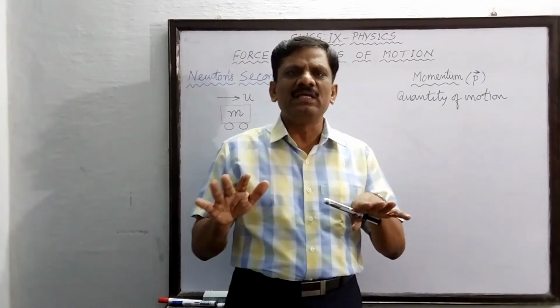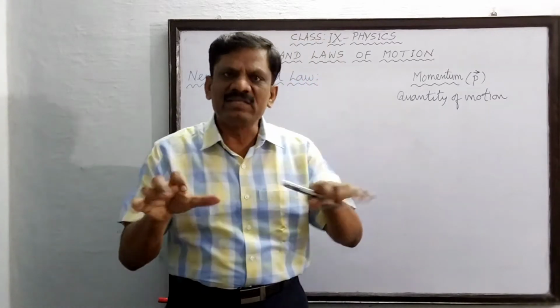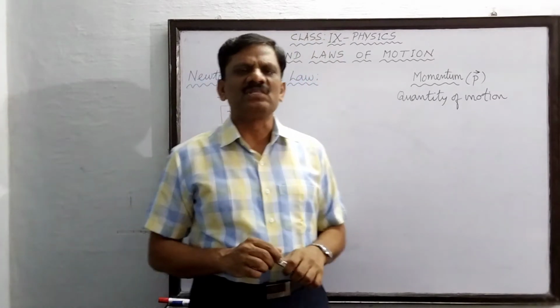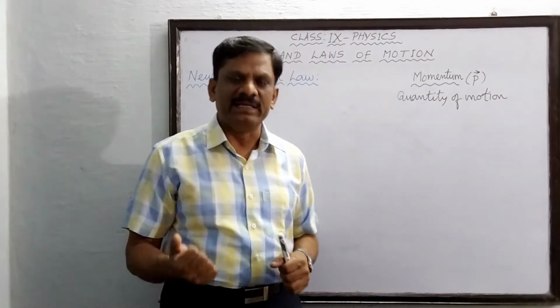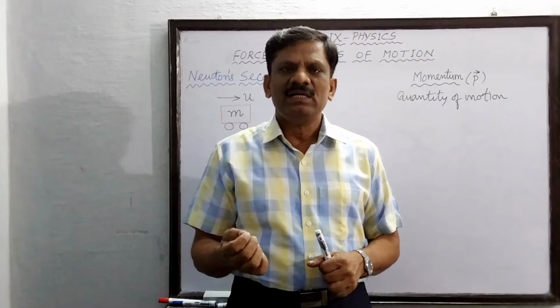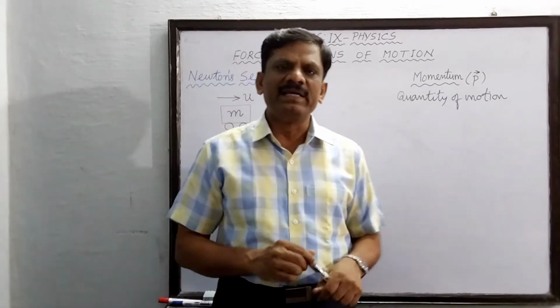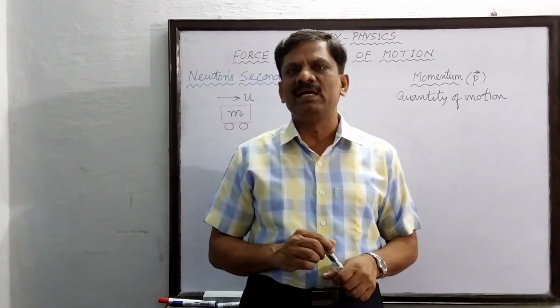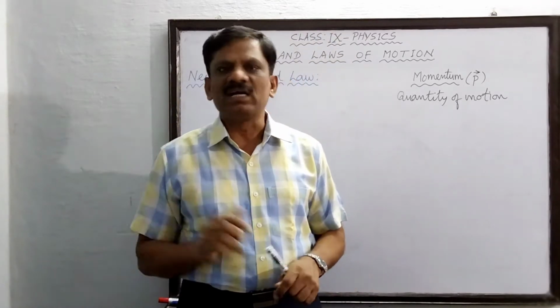Suppose both the bike and the car have to be stopped, so brake should be applied. To stop the car, the opposing force called the brake, which is required, is greater than that for a bike. To stop a bike, less force is required than for stopping the car.